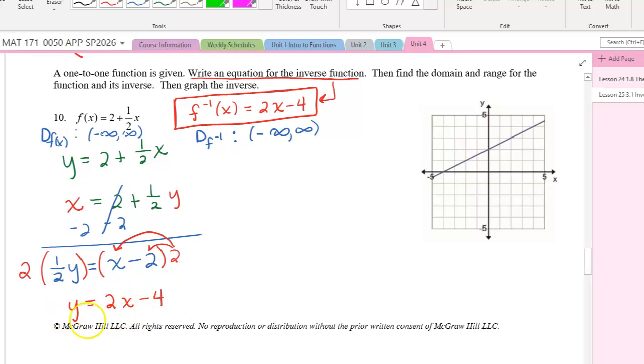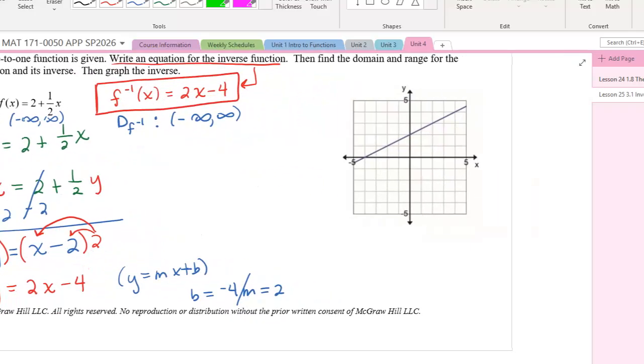If we look at this, think of it as y equals mx plus b, where b is equal to -4 and m is equal to 2. Remember, we can graph a line by finding its y-intercept, which is -4.